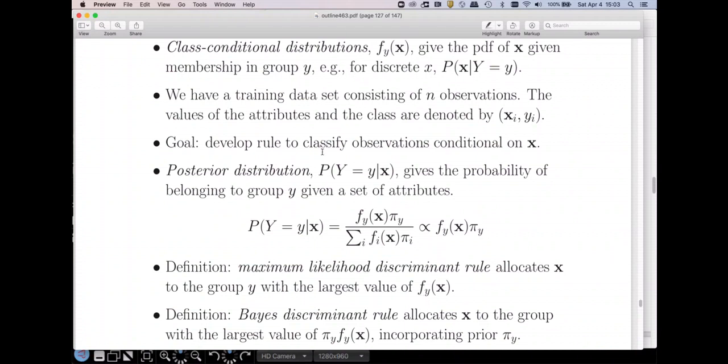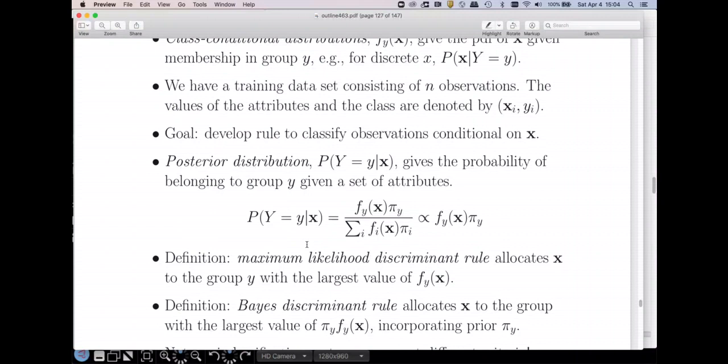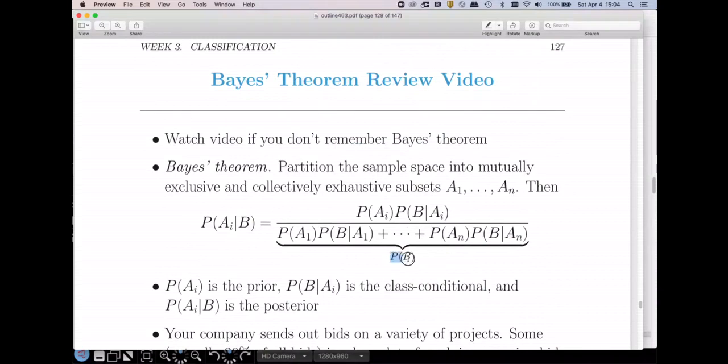Now, there's another rule that you'll see with a lot of different machine learning methods. The other rule is called the Bayesian discriminant rule. The idea of a Bayesian discriminant rule is simply this: assign an x to the group with the largest posterior probability. Equivalently, you can ignore the denominator here. The denominator is just a constant. On my next page, that's the probability of b.